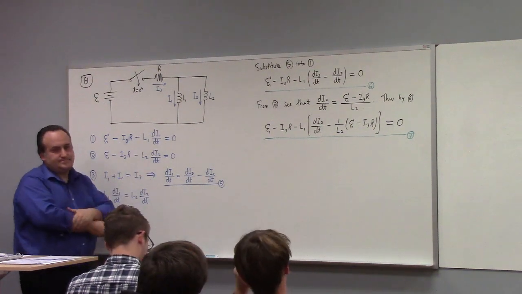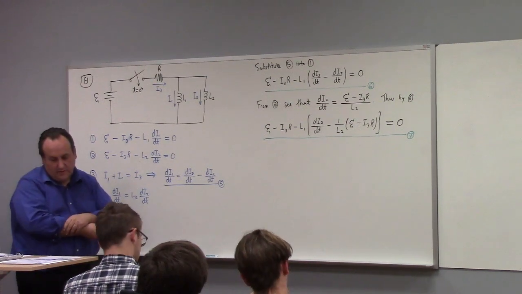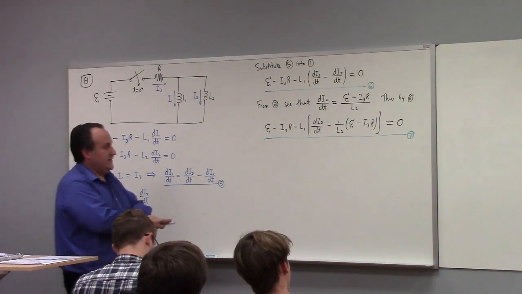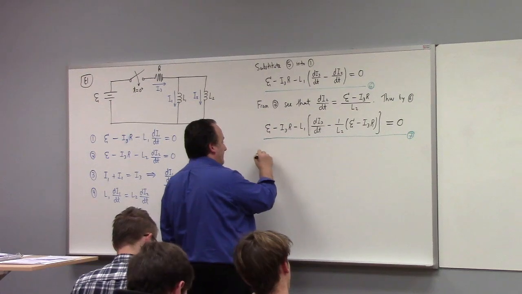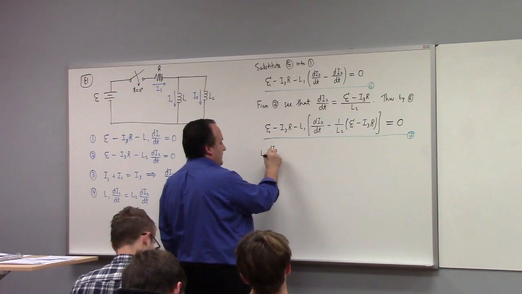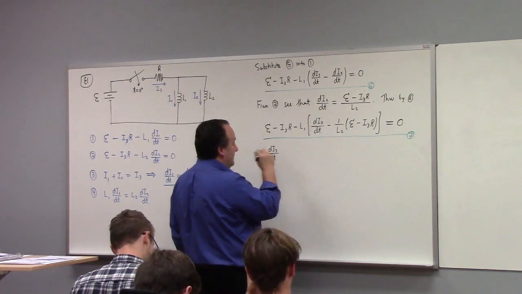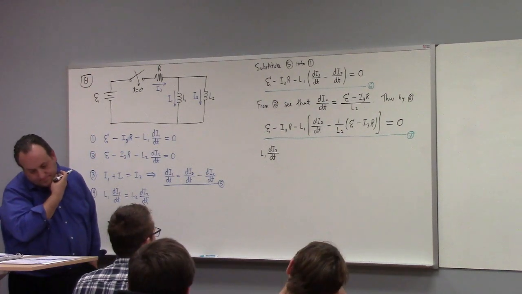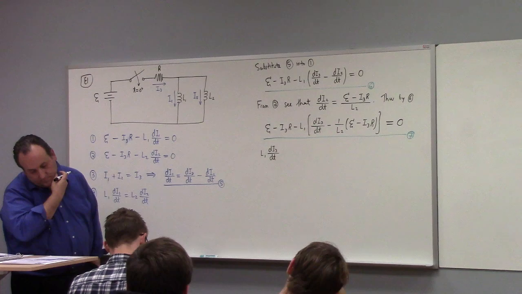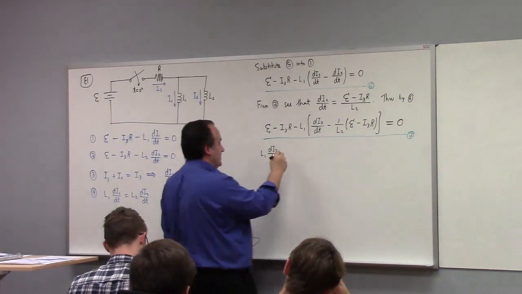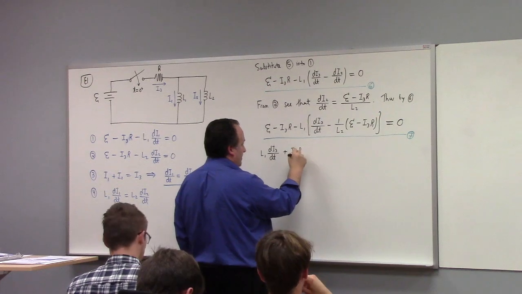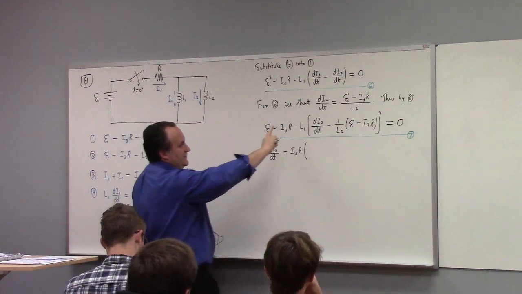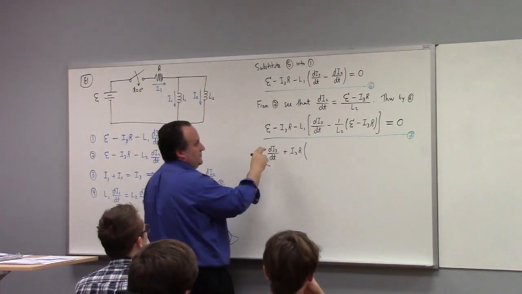Okay, now once we have this, we want to clean it up. So to clean equation 7 up, I'm going to rewrite this as L1 di3/dt plus I3R times what? Well, let's look at it. Basically, I just moved terms to the other side.